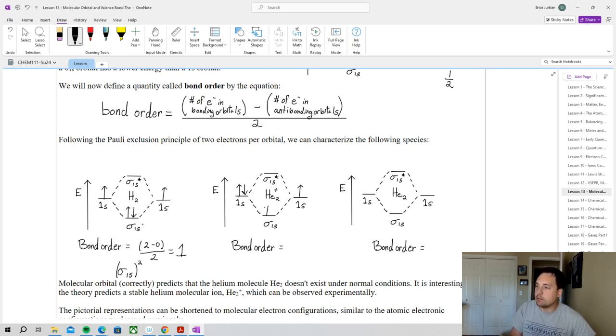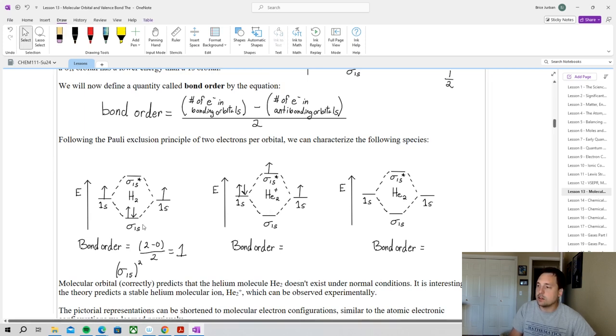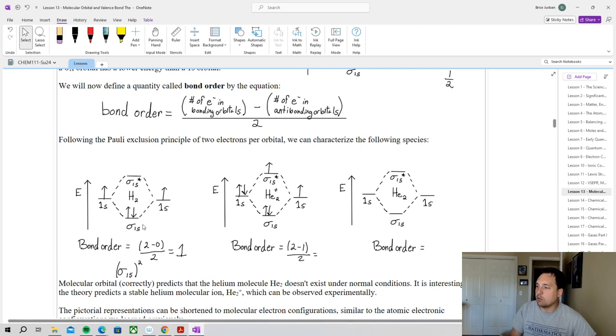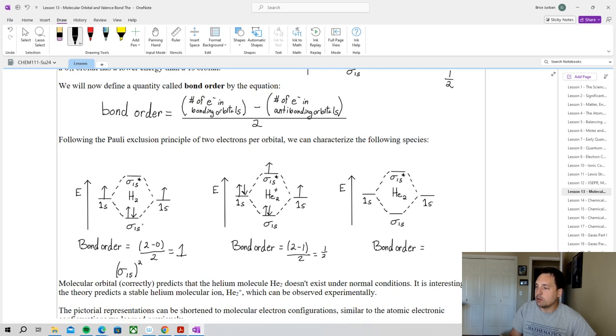We can put 2 of them in the sigma 1s orbital, and then the third one has to occupy an anti-bonding orbital. So that electron that occupies this region is destabilizing. So we end up having to subtract out one electron from the antibonding orbital to give us a bond order of 0.5, or 1/2, whichever we prefer.